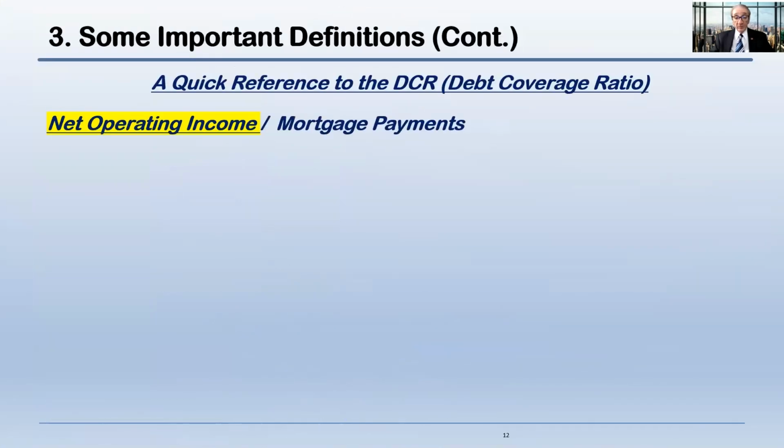Okay, before we move any further, I just want you to be aware. I'm not going to go into details on what the bank does and does not do. They would look at the net operating income, and each bank has what is called the debt coverage ratio or debt service coverage ratio.